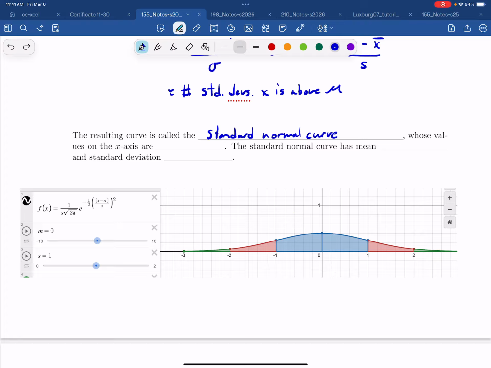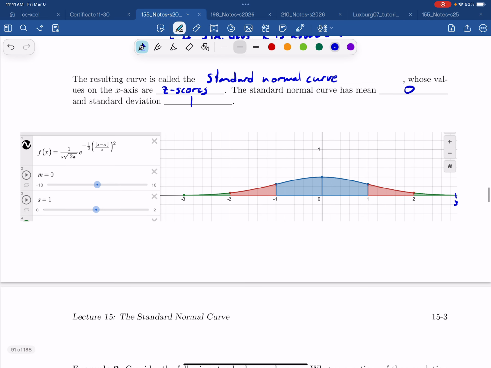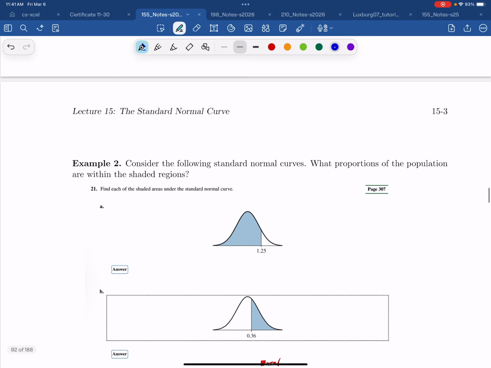The values on the x-axis are z-scores. The standard normal curve has mean 0 and standard deviation 1. And most of the values on the standard normal curve are between -3 and 3. So that's one very nice thing: you can take whatever data set you want, and if it's roughly normally distributed, then roughly 99.7% of the data will be between -3 and 3 on the standard normal curve.